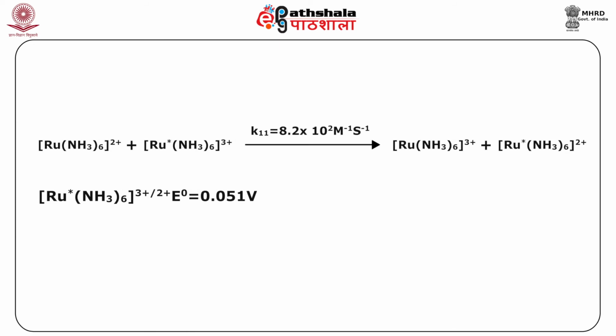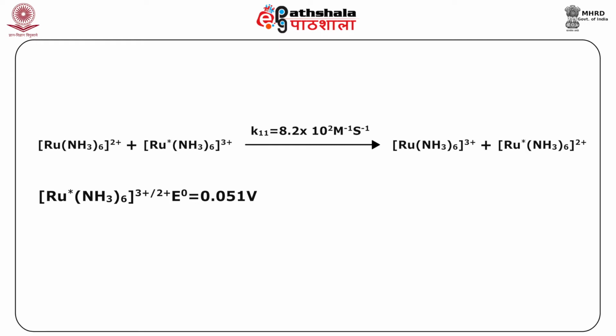The representative example of a self-exchange reaction is ruthenium. The ruthenium complex Ru(NH3)6, that is hexaammine ruthenium in the +2 oxidation state, and its ruthenium isotope Ru*(NH3)6 3+. Again I am telling you that these systems are basically the same, except one ruthenium is in the +2 oxidation state and the other ruthenium is in the +3 oxidation state.